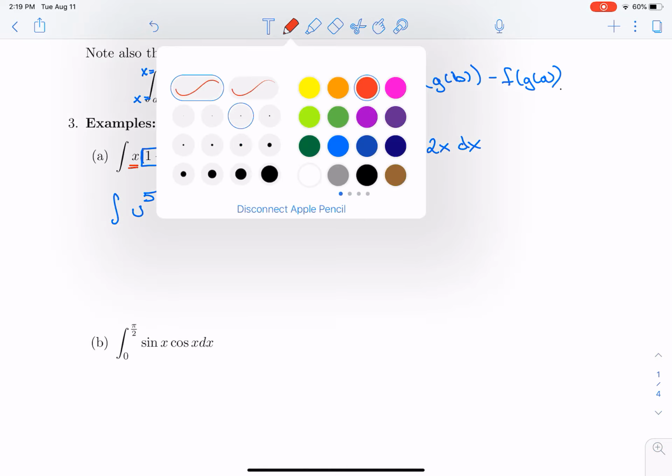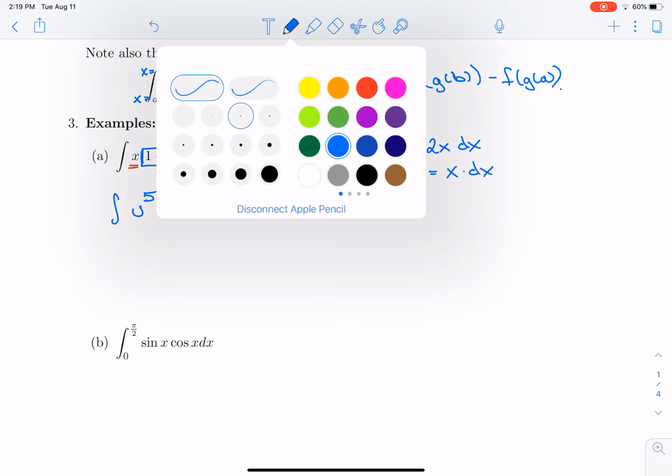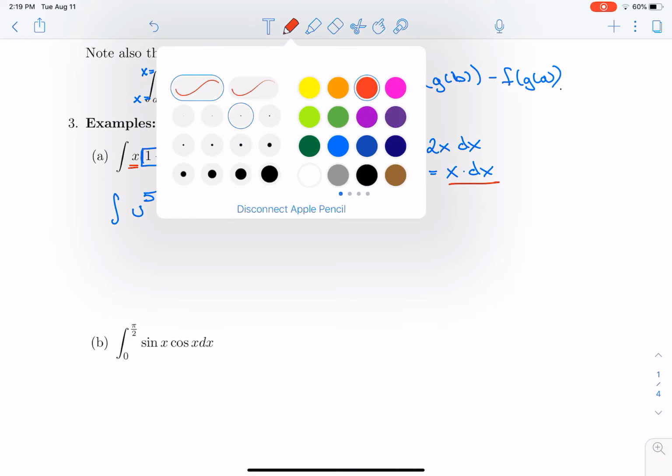Okay, so I'm going to go back to my du over here, and I'm going to notice that 1/2 times du is actually equal to x times dx. And so for x times dx, I can substitute 1/2 du.